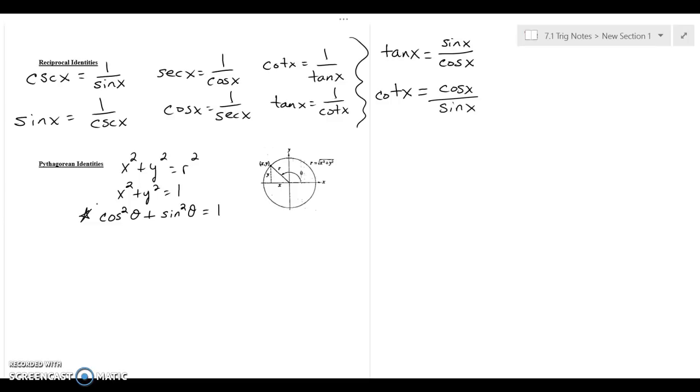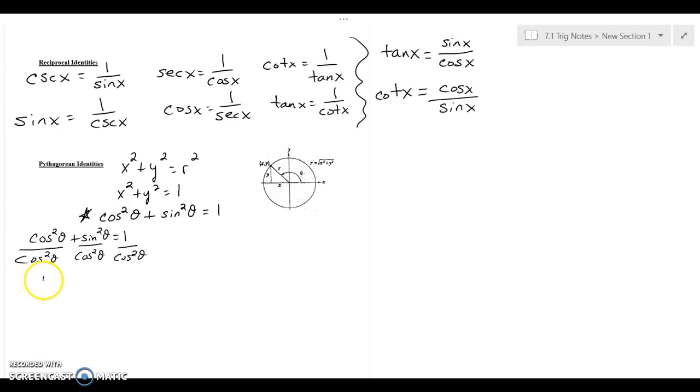You must know that. I'm sorry I don't have any good way to memorize it. However, watch what happens if we take cosine squared theta plus sine squared theta equals 1, and we divide everything by the cosine squared.